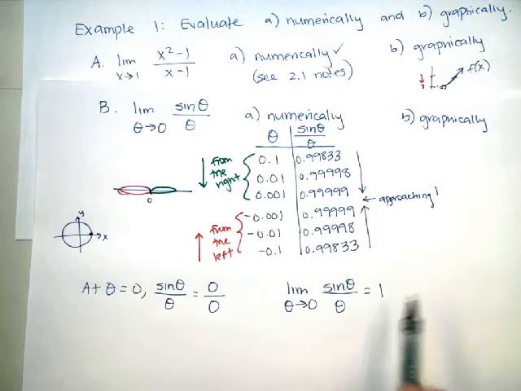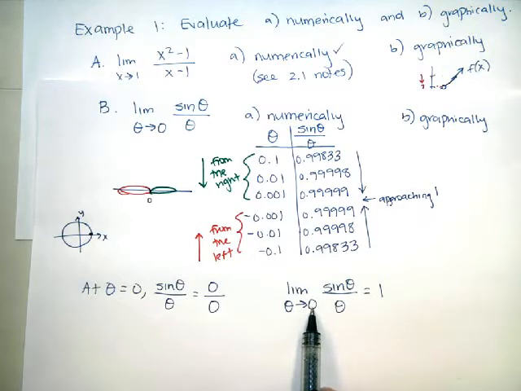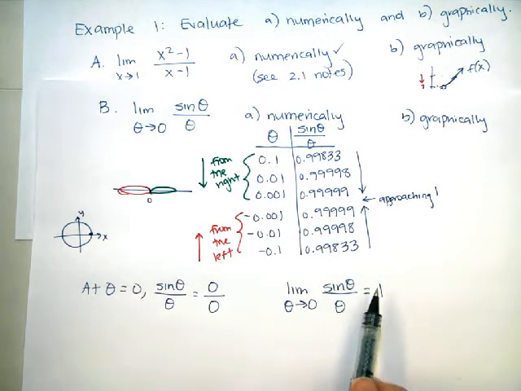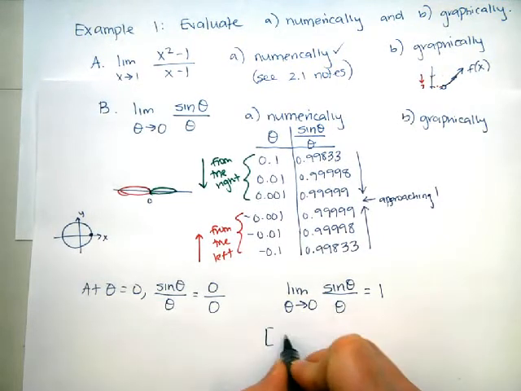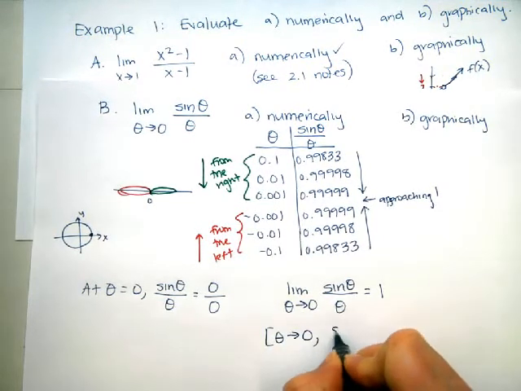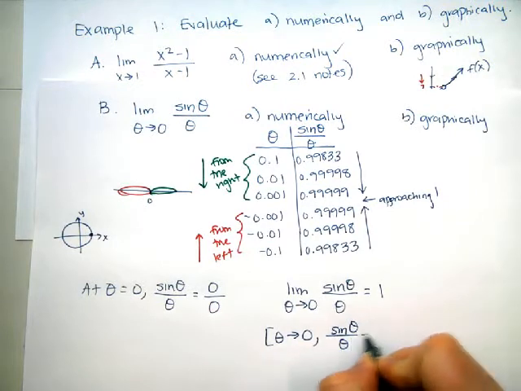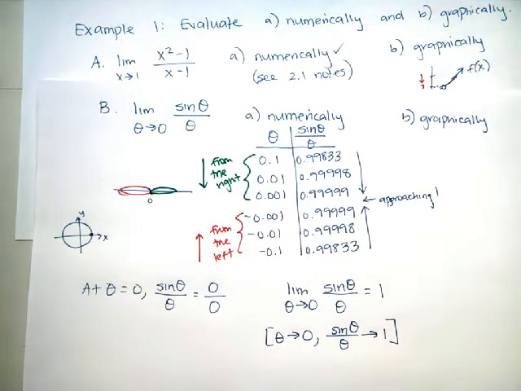That really means that as theta approaches 0, sine theta over theta approaches 1. So there's already an approximation idea with this particular notation, even though we're using an equal sign. So I'm going to write that real quick. This is also saying as theta approaches 0, sine theta over theta approaches 1, just in a more condensed way.